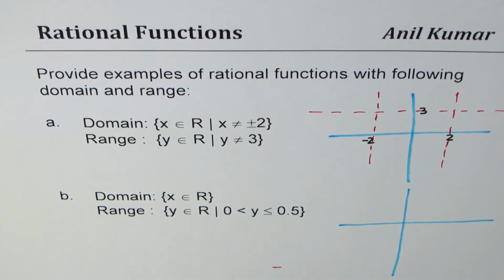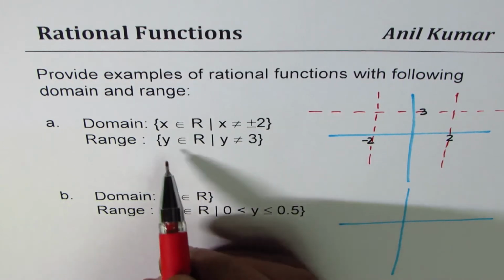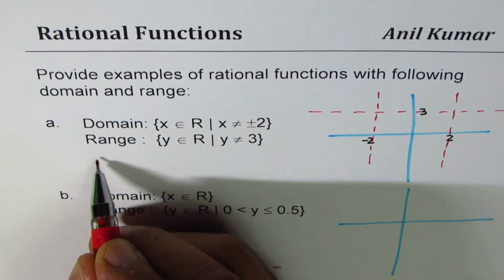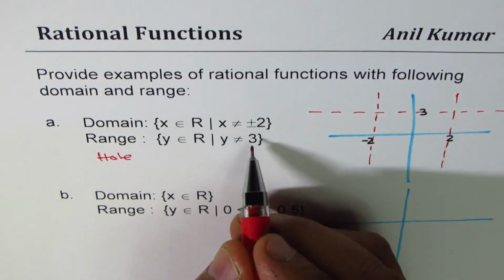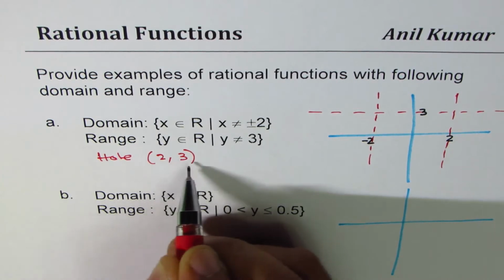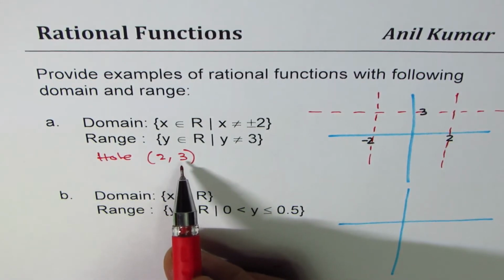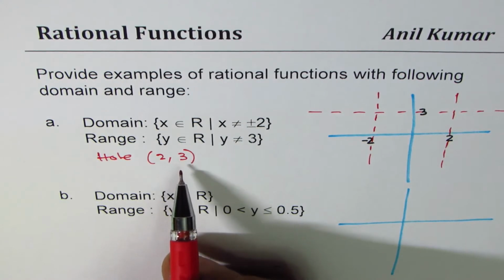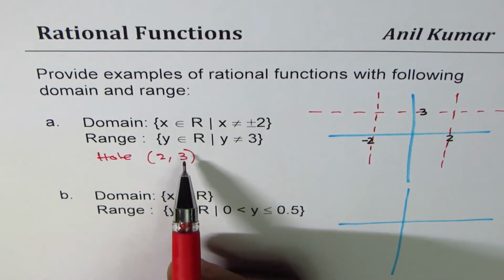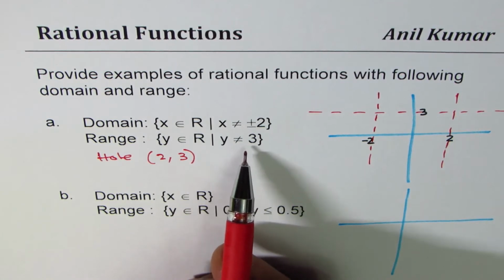The other way is that what we can do here is to have a hole at 2, 3. Now that is easier to do than a horizontal asymptote, right? Because if you have a hole, then also you can meet the condition of the function not being equal to 3, right?